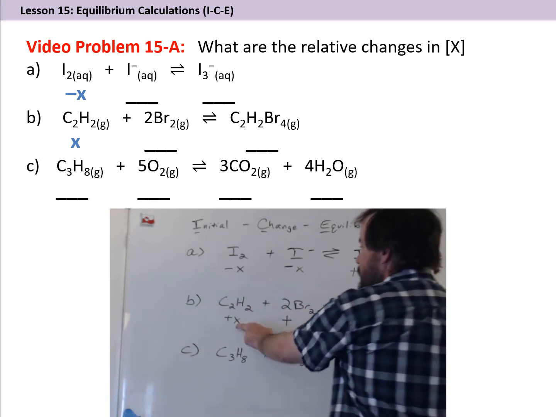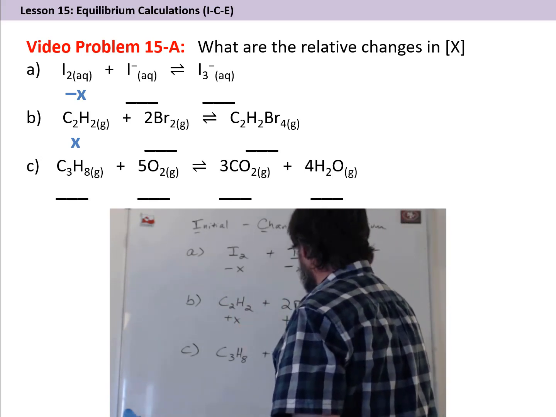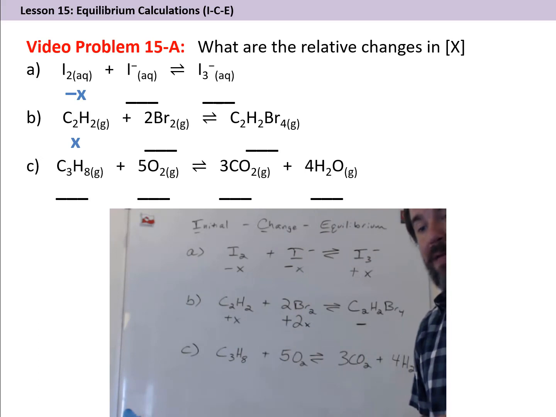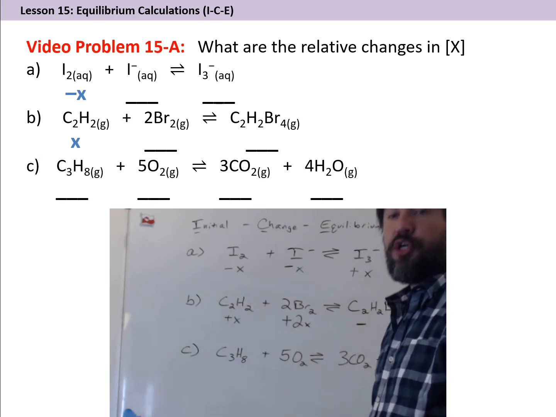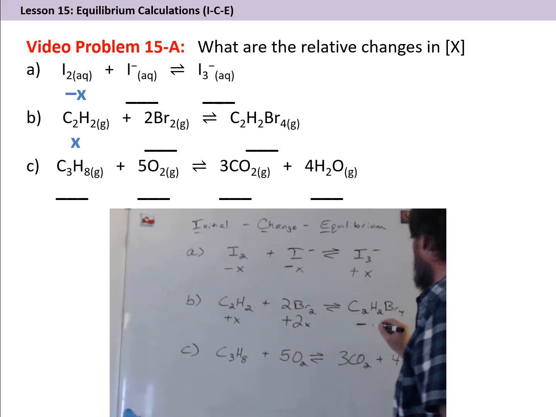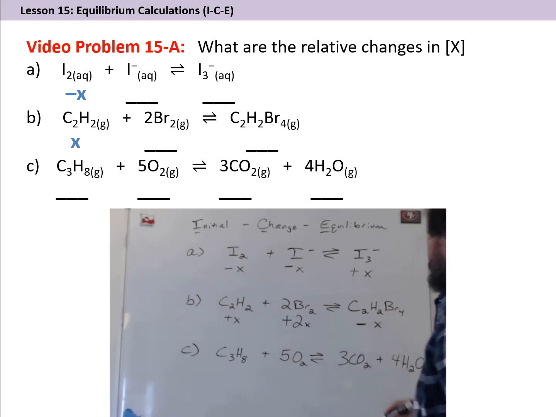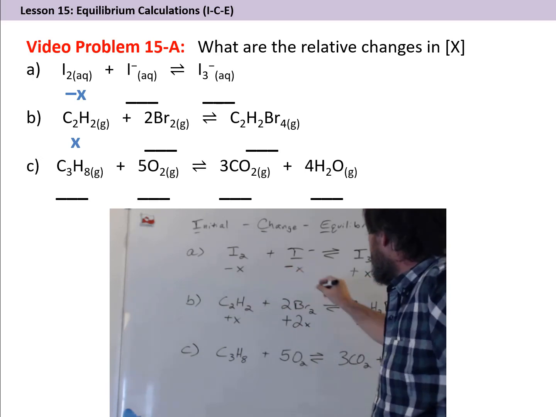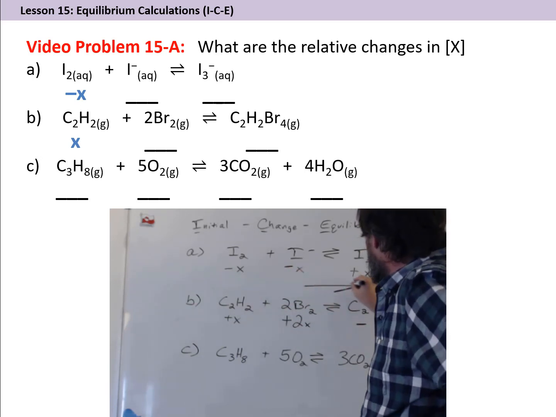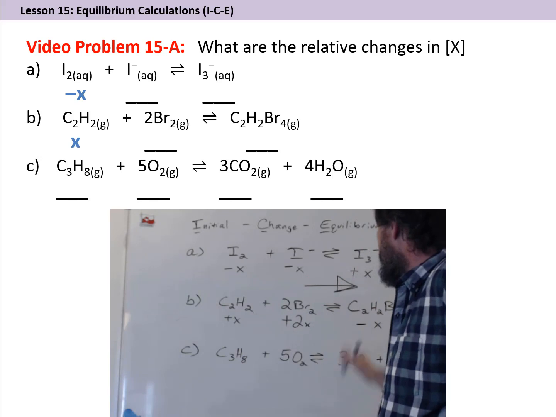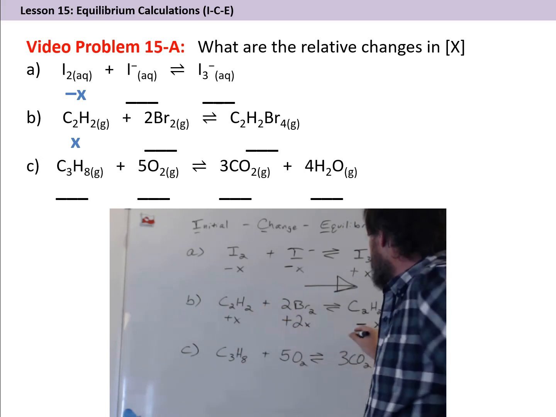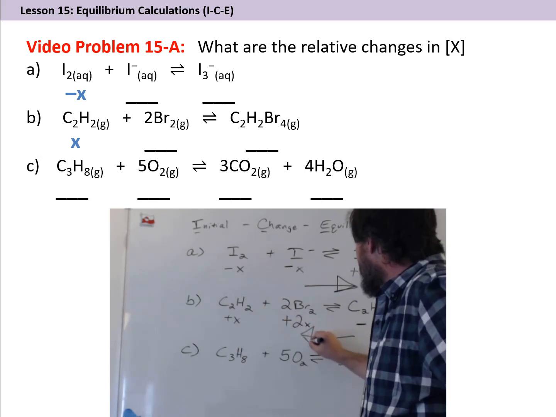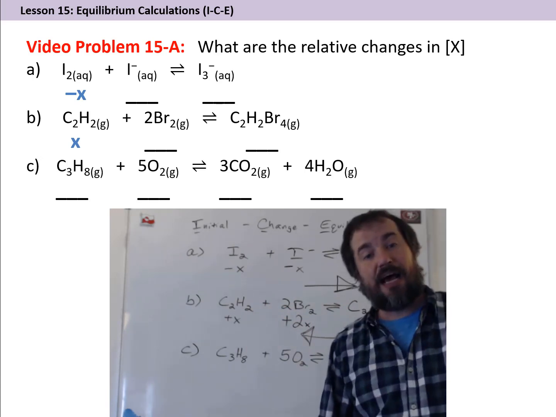All right, so this is plus X, this has to be plus 2X, because it's 1 to 2. All right, and then this one must be minus X, because it's 1 to 1, all right? Now, notice that if this is increasing, that means this is an equilibrium that's shifting towards the right. Here, if reactants are increasing, that must be an equilibrium shifting towards the left.